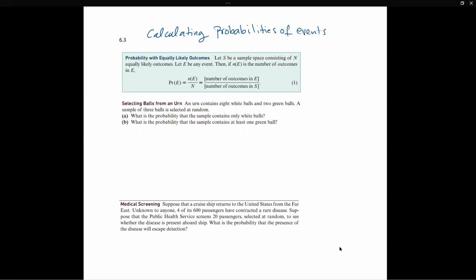So you have 8 white, you have 2 green, and a sample of 3 is picked or selected. The total is 10, and you're taking 3 out of 10. So what is the probability that the sample contains only white balls?